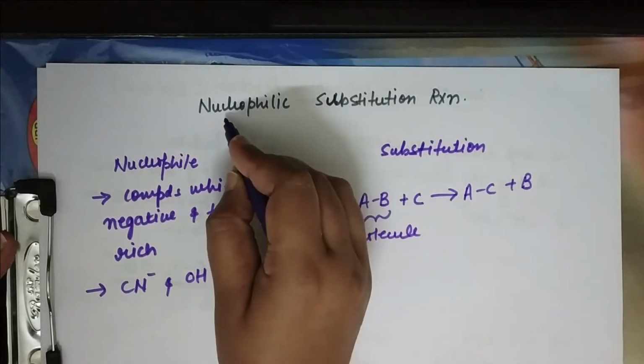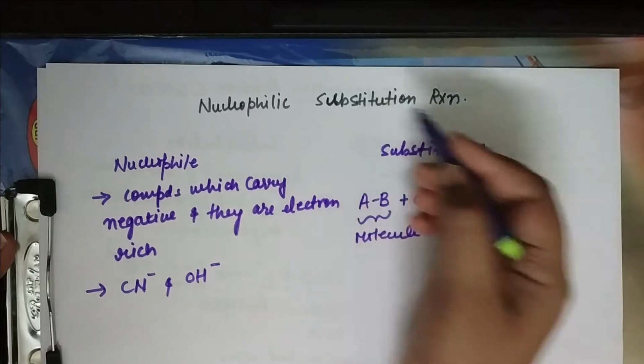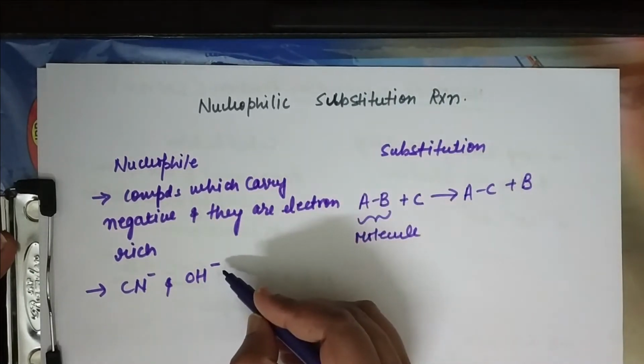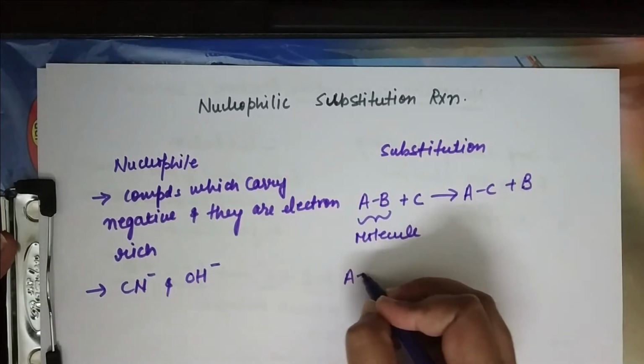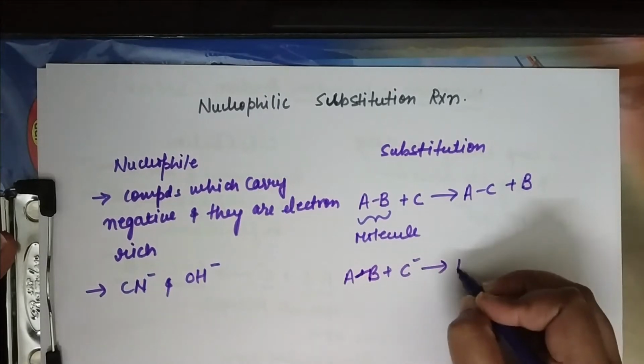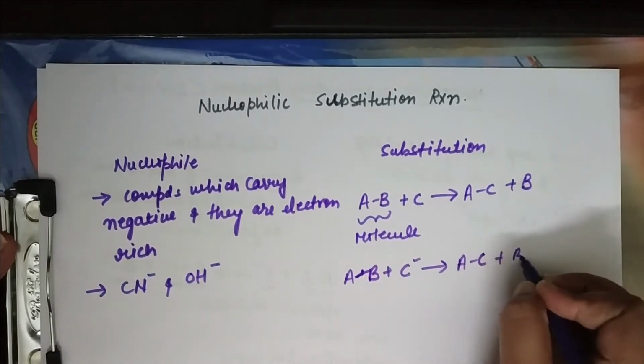As its name indicates, nucleophilic substitution reaction means the substitution will occur by a nucleophile. So when this molecule AB reacts with a nucleophile, then AC forms and B will leave.